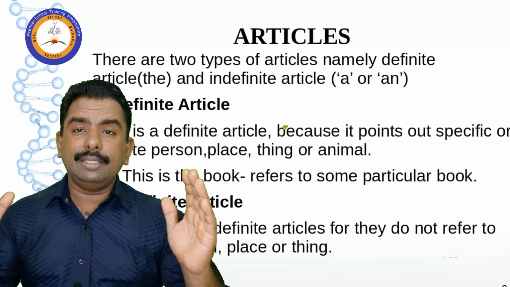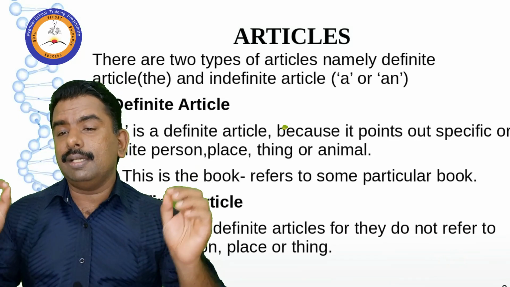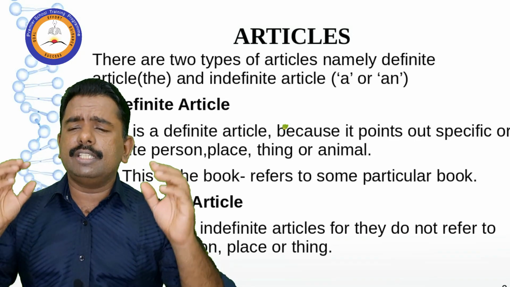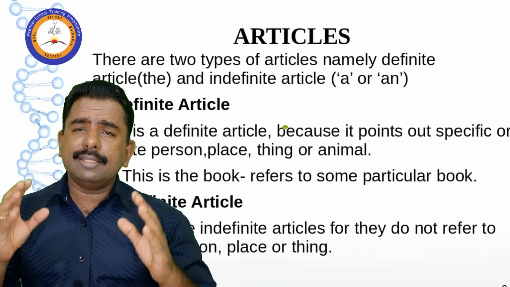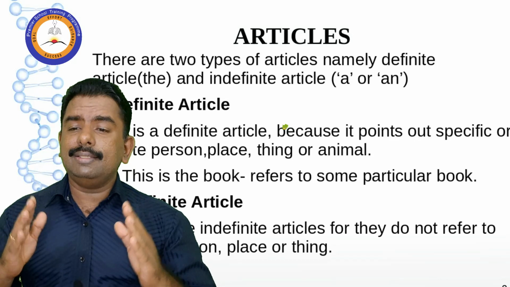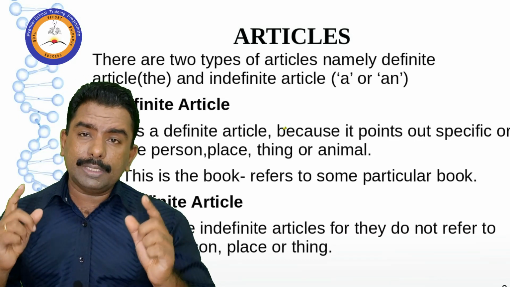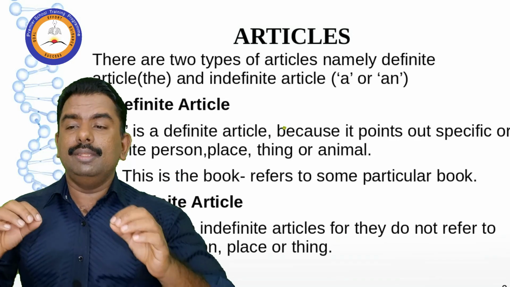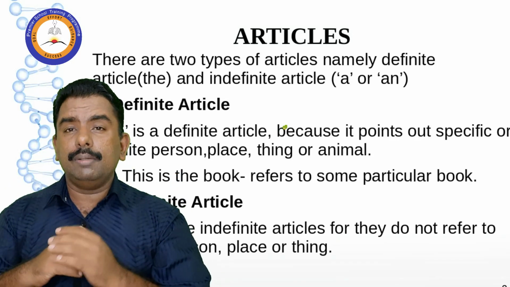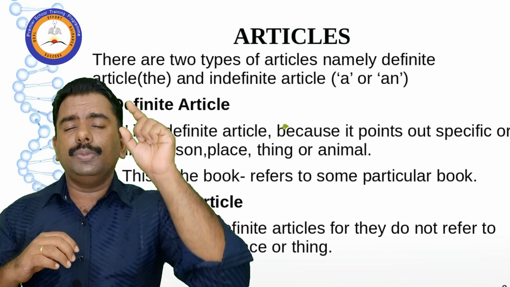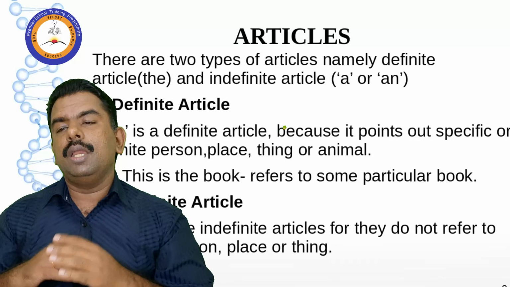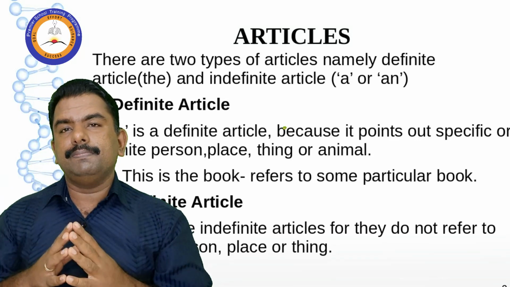'The' is a definite article because it points out a specific or definite person, place, thing, or animal. This is the book. It refers to a particular book. That's why we say that it is a definite article.